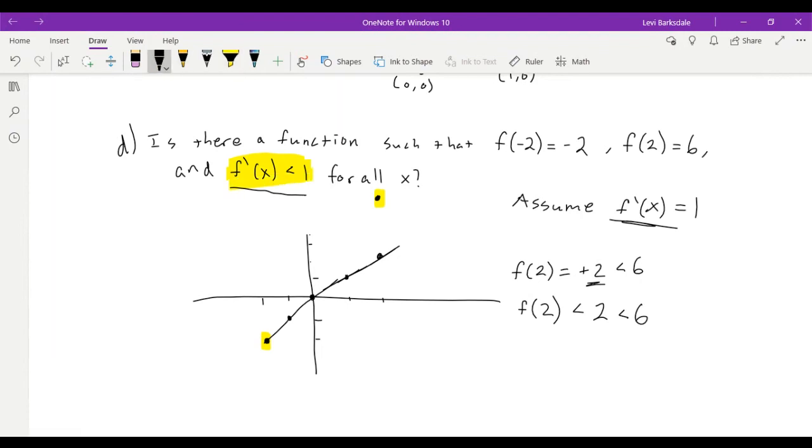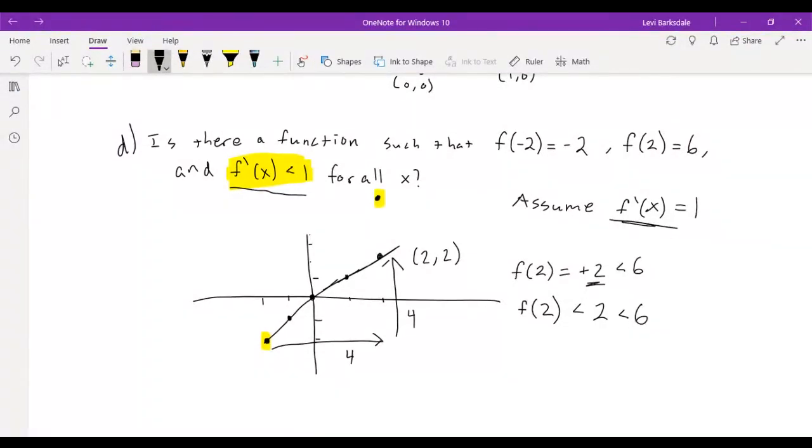So if we assumed that our first derivative was equal to 1, then the highest we could get by going over 4 from this negative 2, 2 up to positive 2 would be by going up 4 as well, because that would be the biggest slope we could possibly get. That would only get us as far as 2, 2.